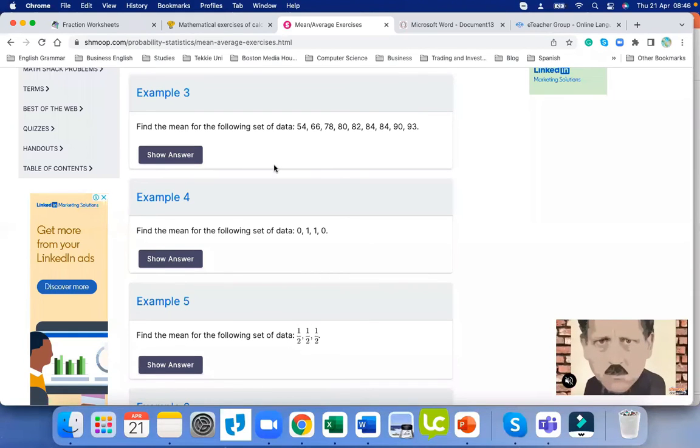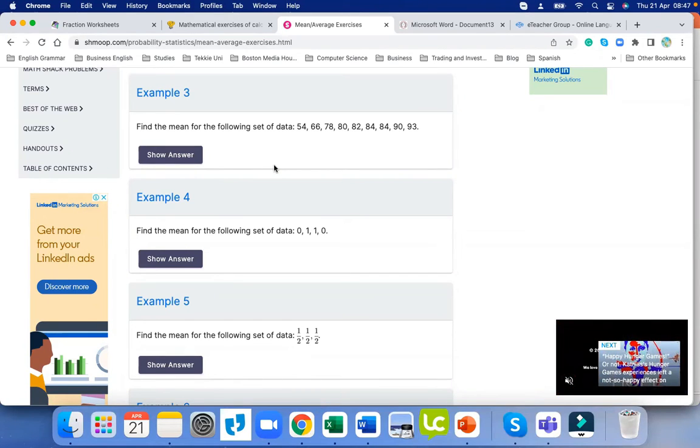Excellent. 79. Fantastic. We add it all up and we divide by 1, 2, 3, 4, 5, 6, 7, 8, 9. Great.